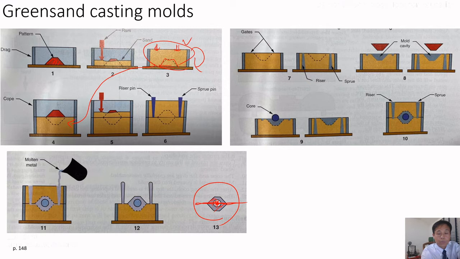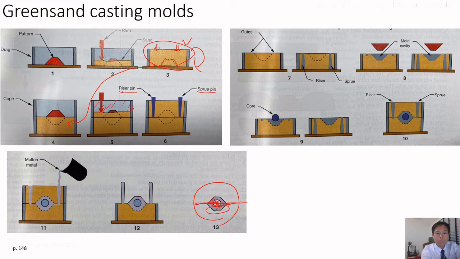So that's why we split it into two parts. And then the top part is also the same, like the bottom part is here. And then we also put the sand into this part. And then using the ram, we push and temper this sand. And then after making the actual shapes, we put two parts. First one is riser pin, second is sprue pin.